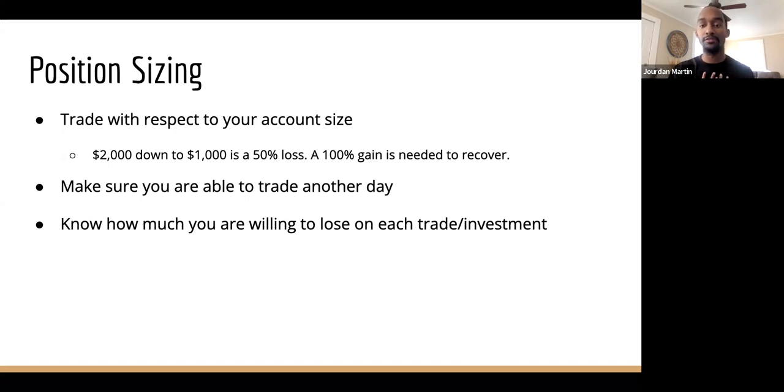All right. So my rule of thumb for myself personally is that on any trade I take, I'm typically not putting more than 10% of my total account balance on that trade, right? So if I'm trading a $10,000 account, I'm not taking a trade with more than $1,000 allocated. And usually I don't go over 500.